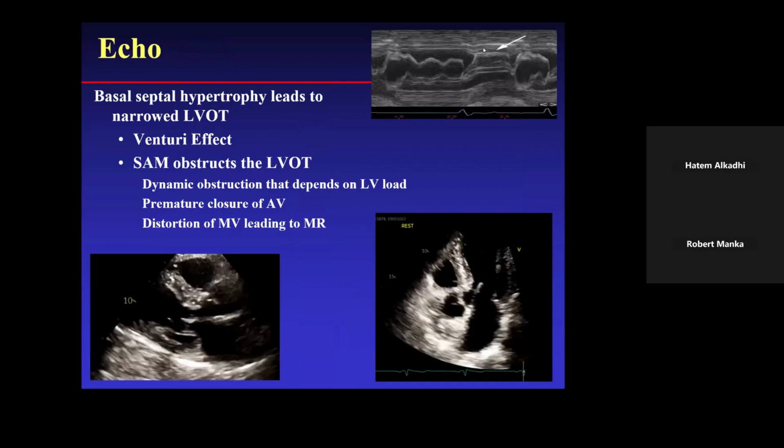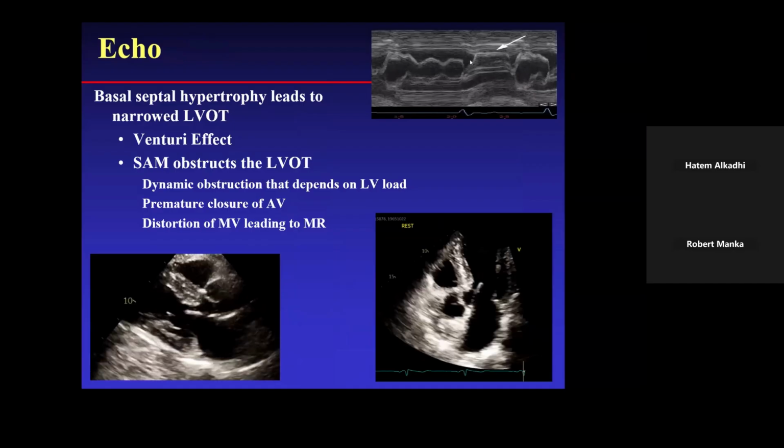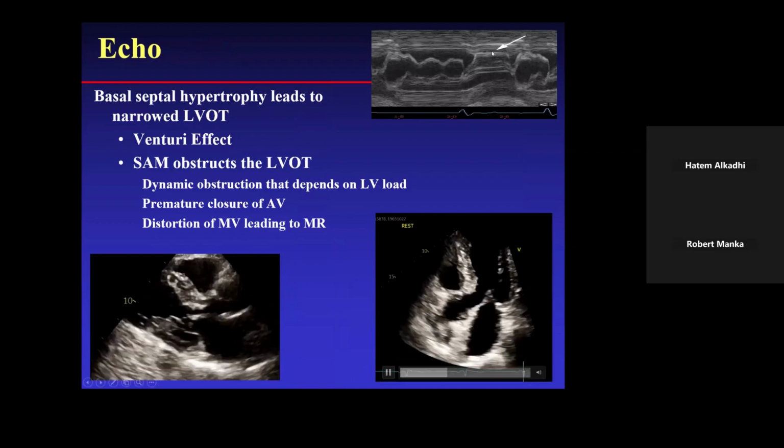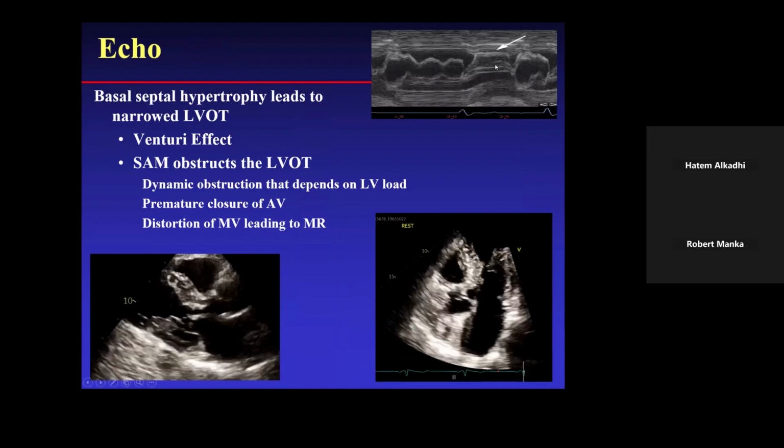So as I mentioned, the etiology of SAM. Here you see in the apical 5 chamber a nice example of SAM, and on an M mode during systole, again, systolic anterior motion as the septum abuts the anterior leaflet of the mitral valve.